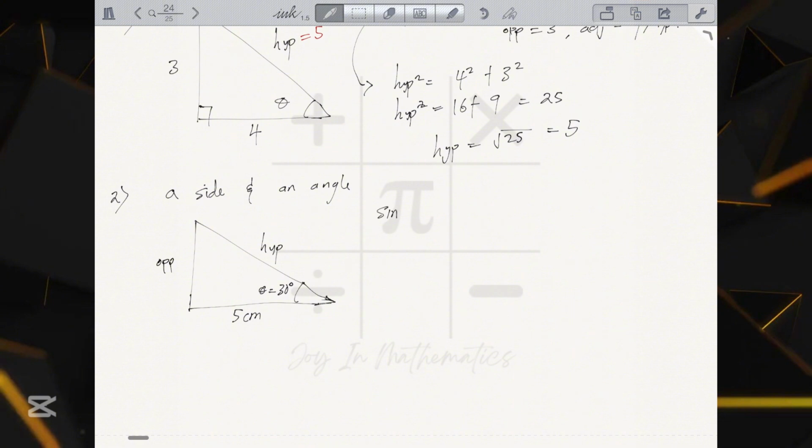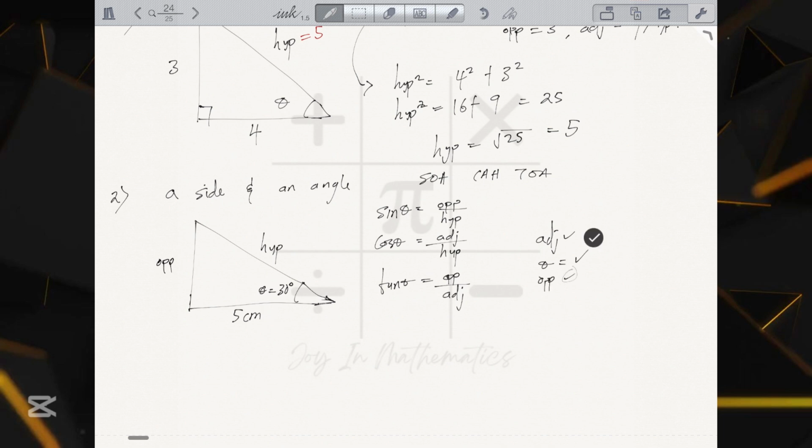Remember, sine theta is opposite over hypotenuse, cos theta is equal to adjacent over hypotenuse, and tan theta is equal to opposite over adjacent. So for us to evaluate the opposite, we are given the adjacent and angle theta, and we are looking for the opposite and the hypotenuse. So which do we start with?